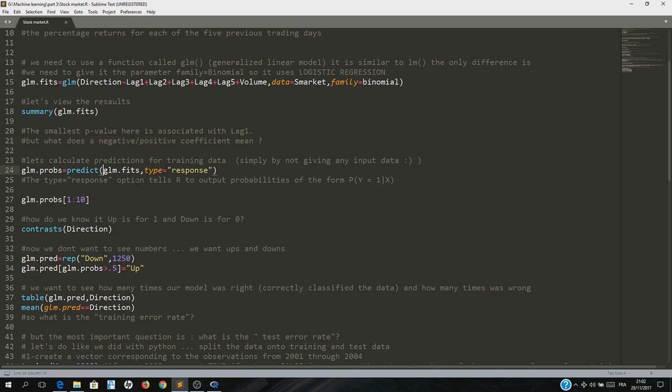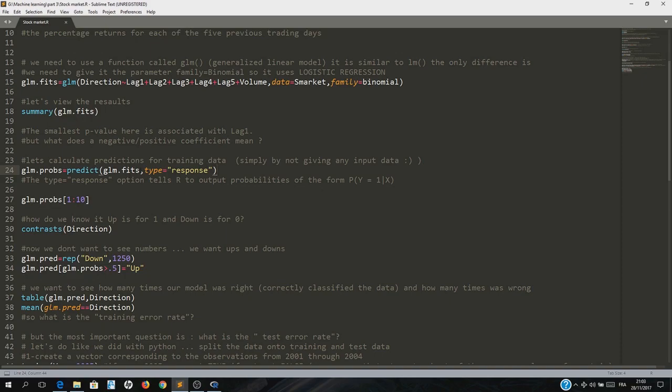Anyway, let's calculate the prediction for training data. And when I say training data, if you remember the last video in Python, we split the data. We didn't split it yet, but we are going to do that later. So we want to calculate predictions for the training data.